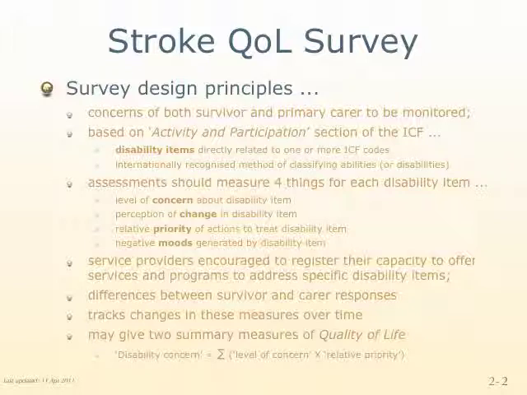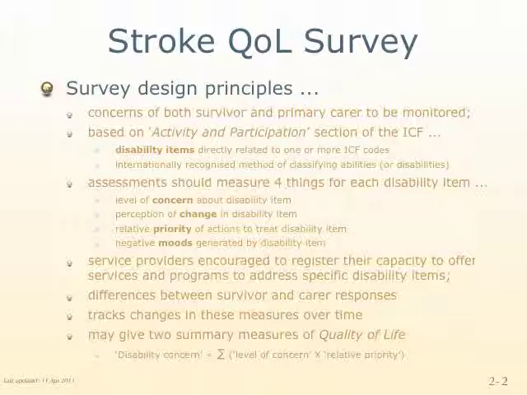So, if a stroke survivor is unconcerned about a particular disability, that will produce a disability concern value of 0. On the other hand, if a survivor has extreme concern about a particular disability and needs urgent action on it, that will produce a disability concern value of 20.